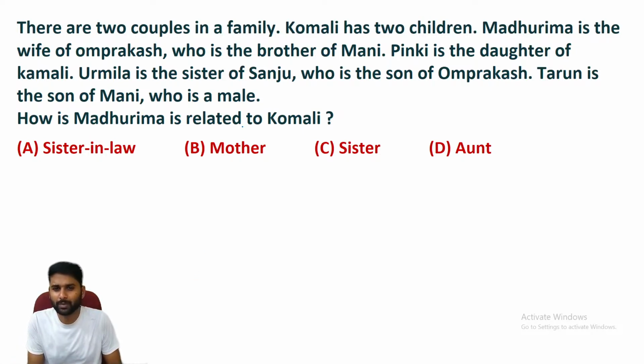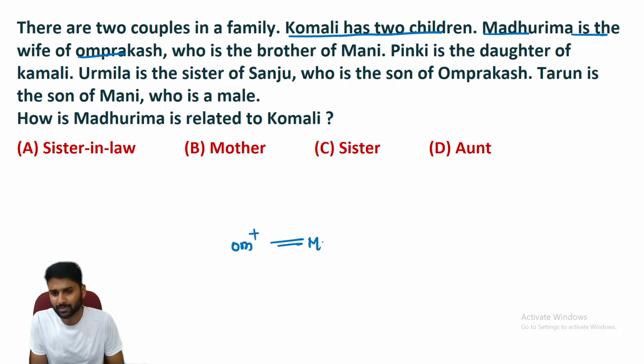Now see, there are two couples in a family. The family has two children. Madhurima is the wife of Om Prakash. Next information: who is the brother of Mani? Who always refers to the previous person. Prakash is a brother of Mani.